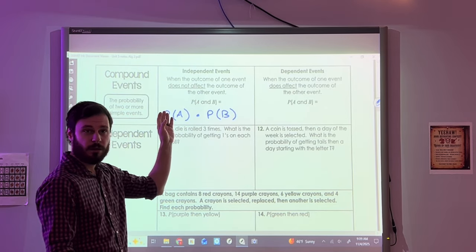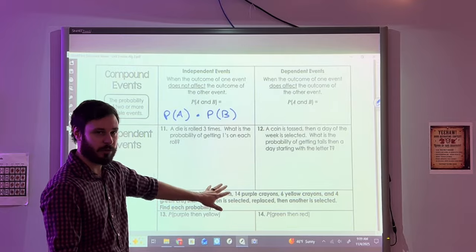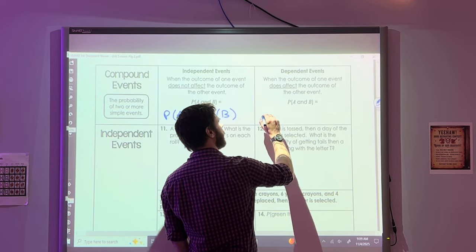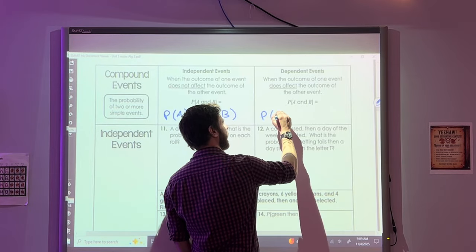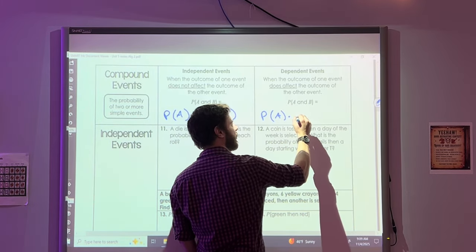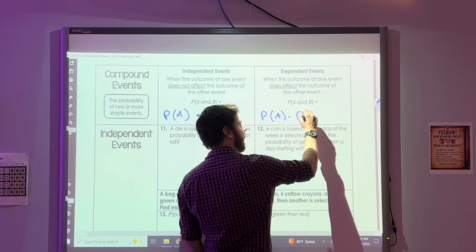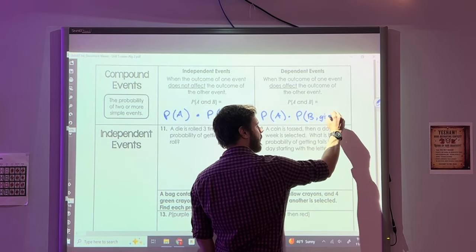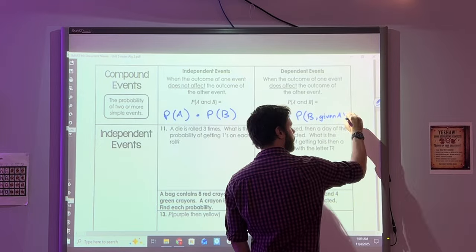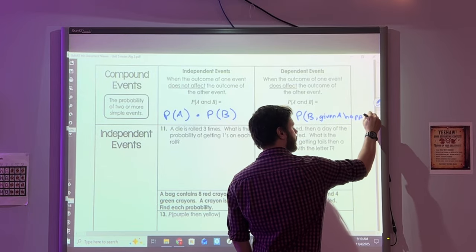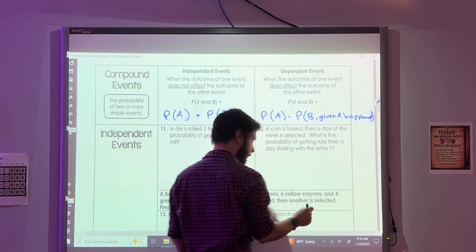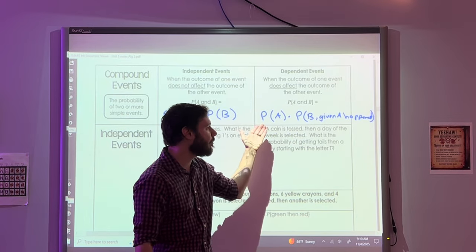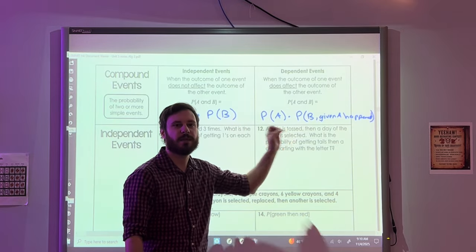Dependent events, we do them the same way. We did those in the video the same way, but the probability of A and B was the probability of A times the probability of B given A happened.